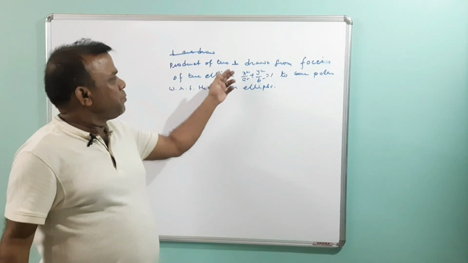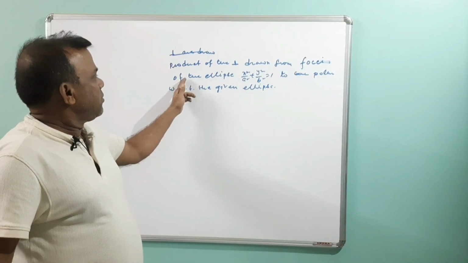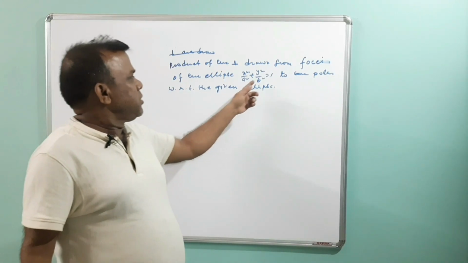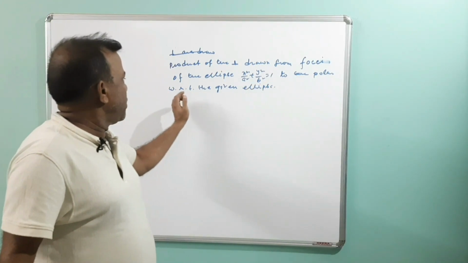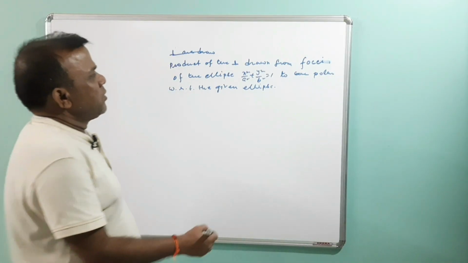Product of the perpendicular drawn from foci of the ellipse, this one, to the polar with respect to the ellipse.